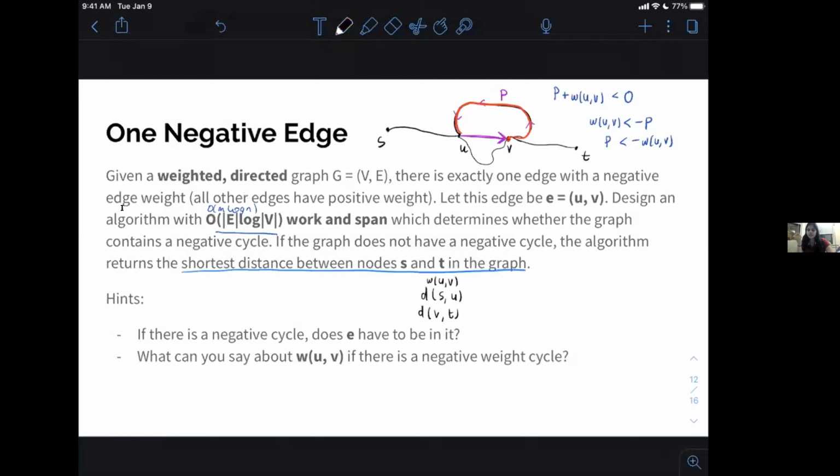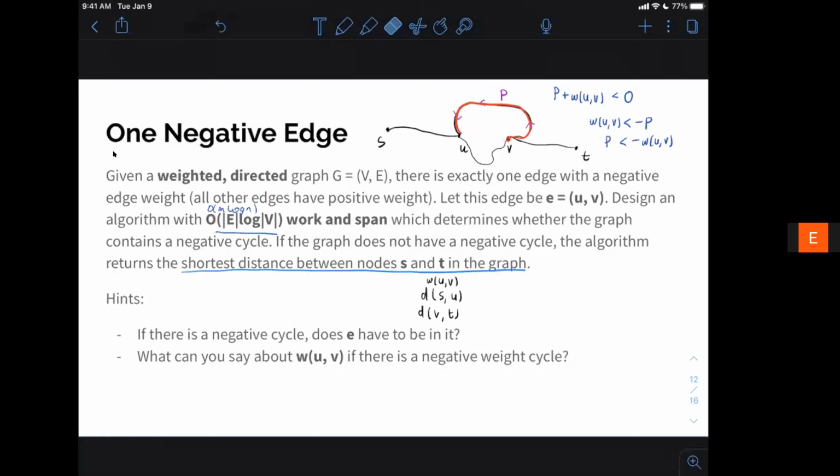So let's say that you remove this edge. Yeah, Elizabeth, do you want to share that with everyone? Okay, so my idea was we first remove UV and then we run Dijkstra's to find the shortest path without UV.